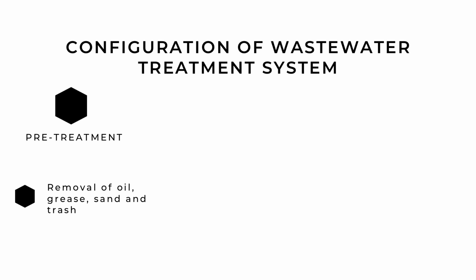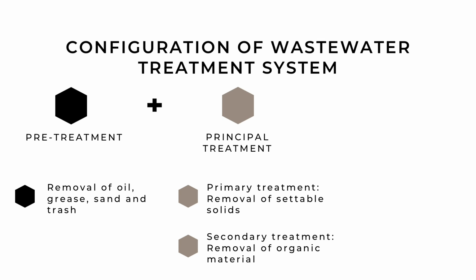Now, let's look at the components of a typical wastewater treatment system. A pretreatment step, which has the aim of removing wastewater constituents such as oil, grease, sand, and trash. A principal treatment step, which is divided into primary treatment and secondary treatment.